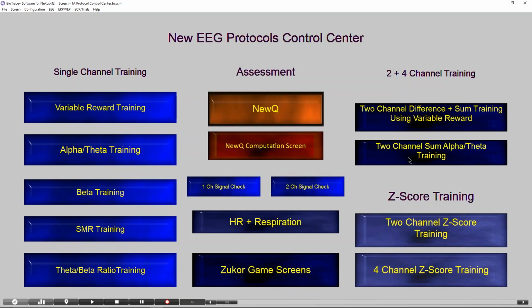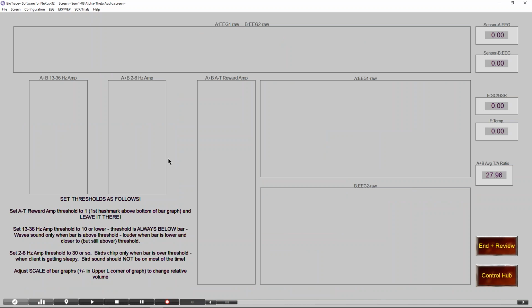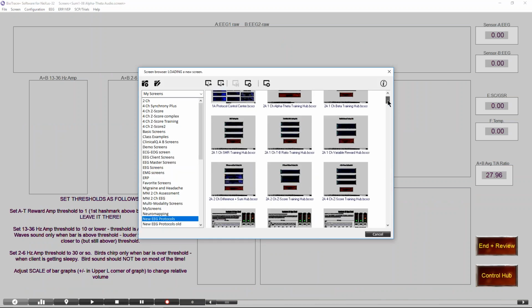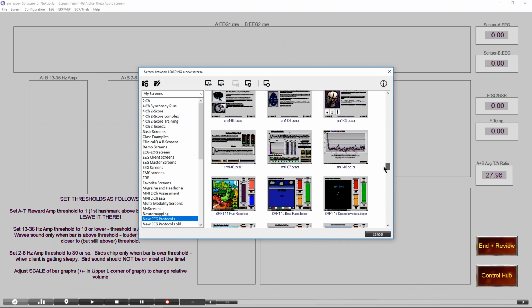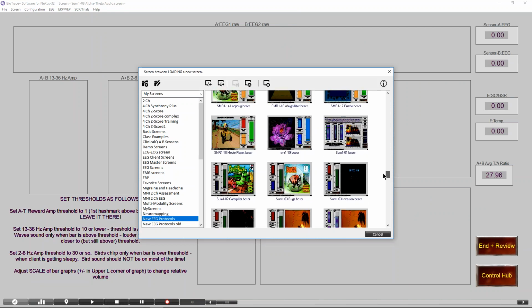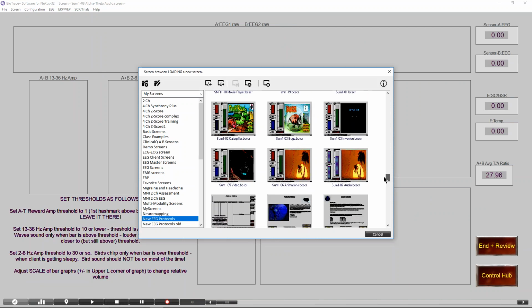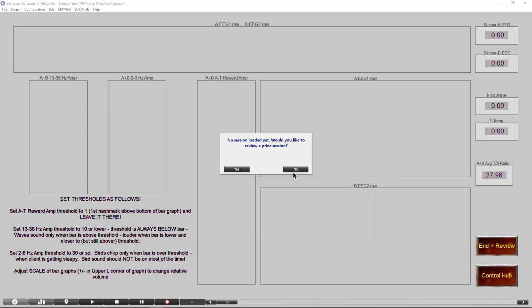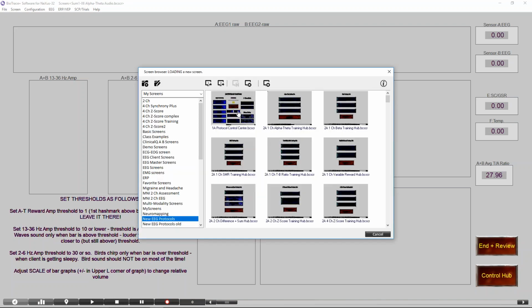When you click this button, for example, you go to one of those screens, the SUM1-08 alpha theta training. If we go to SUM alphabetical, SUM1-08, here we go, alpha theta audio, same screen. So it's a kind of tree structure.